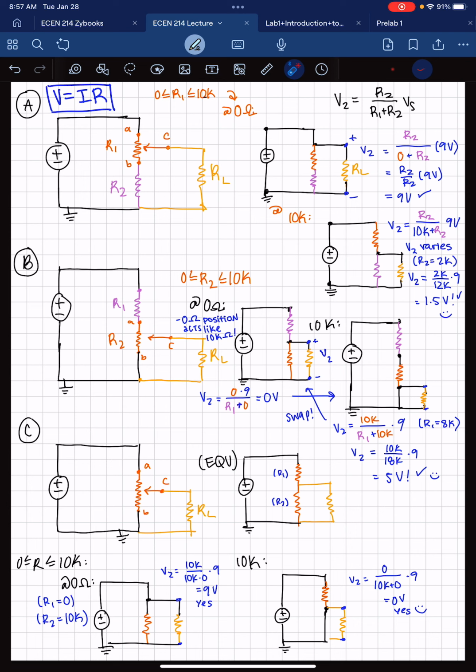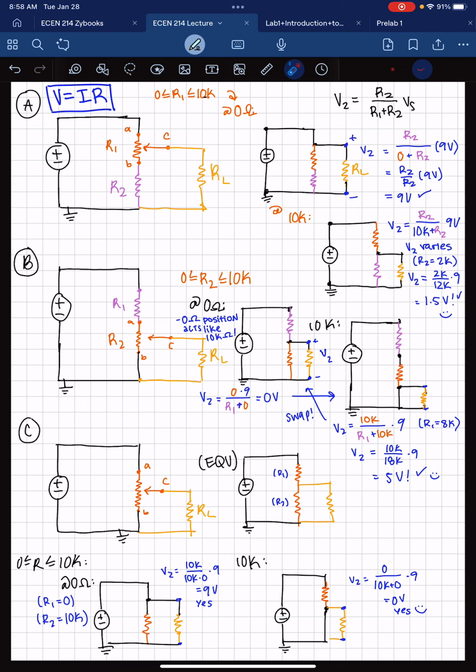The voltage drop across a resistor is dependent on the current going through it, and the current going through the whole circuit is dependent on both of the resistors that you're putting in, not just the resistance and the voltage. And that is the main thing that I was confused on. So after that, it just kind of solved itself.